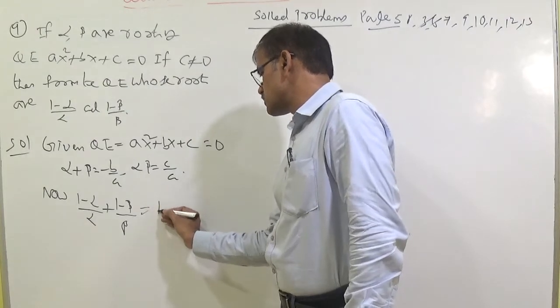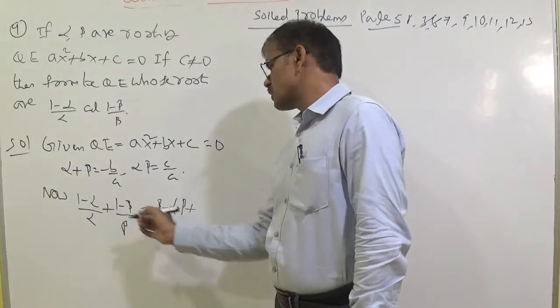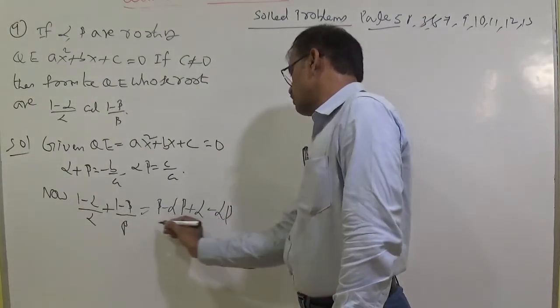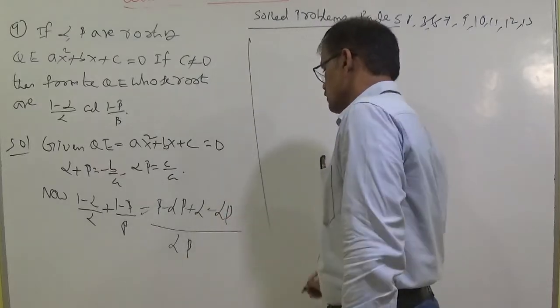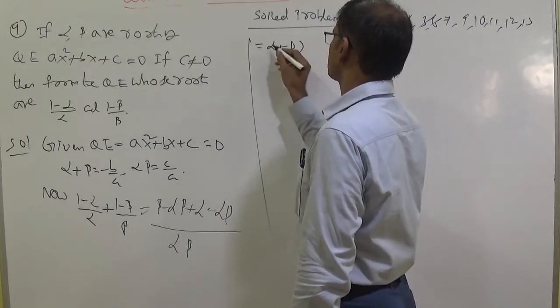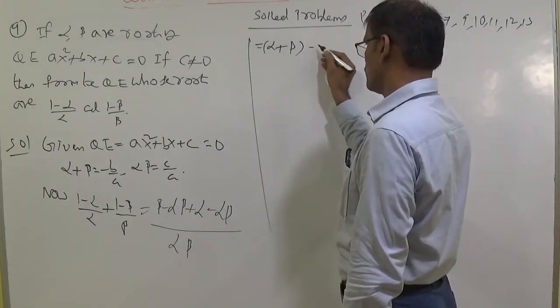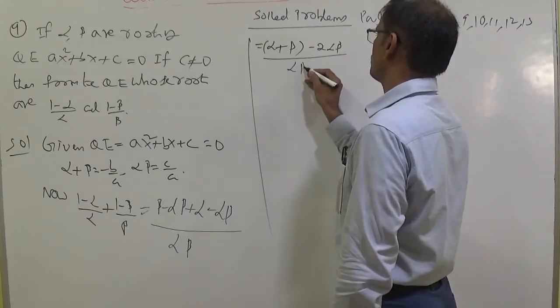Take alpha beta as the LCM, students. You can write (beta minus alpha beta) plus (alpha minus alpha beta) whole by alpha beta. So you can write alpha plus beta minus 2 alpha beta whole by alpha beta.